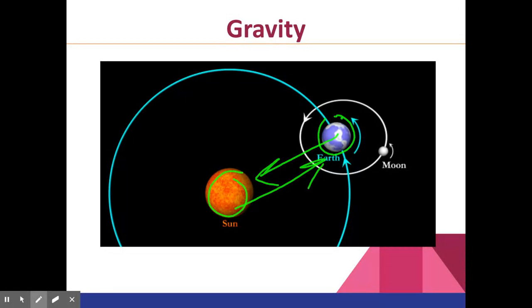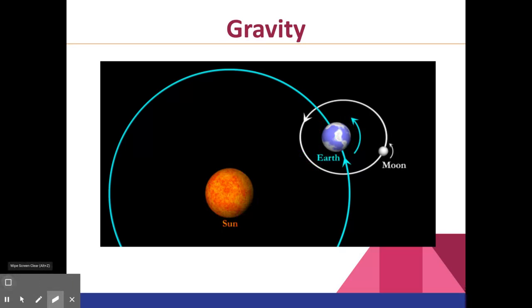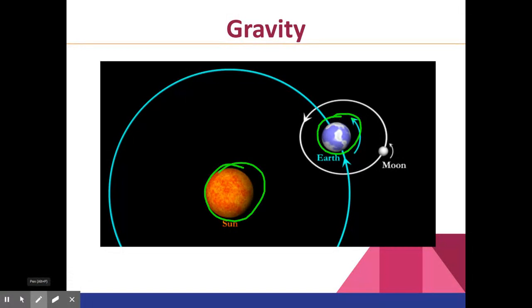Fortunately for us, we are on Earth, at a very specific distance away from the sun. And the Earth has a very particular mass, and the sun has a very particular mass. Also all the other planets within our solar system have a very particular distance and mass.